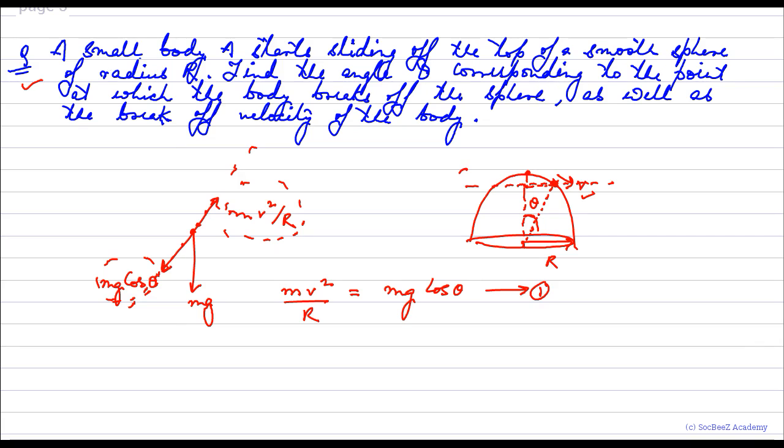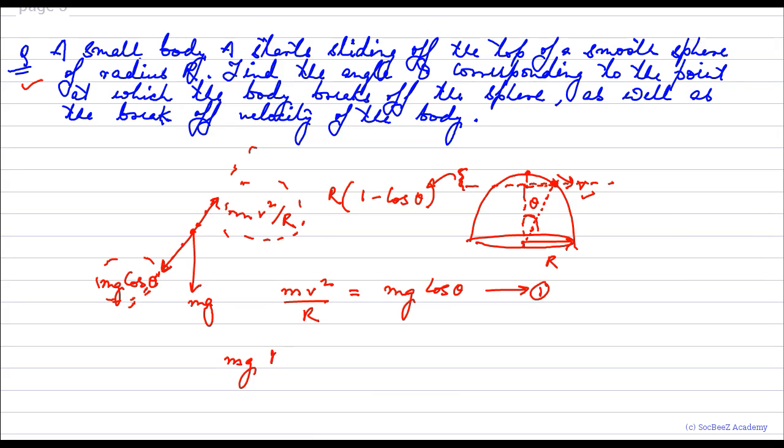The potential energy was due to this elevation. Okay, so the potential energy which the body initially had would be given by mg into this height. This height is going to be nothing else but r into 1 minus cos of theta. It can easily be derived. Okay, that's not much of an issue.